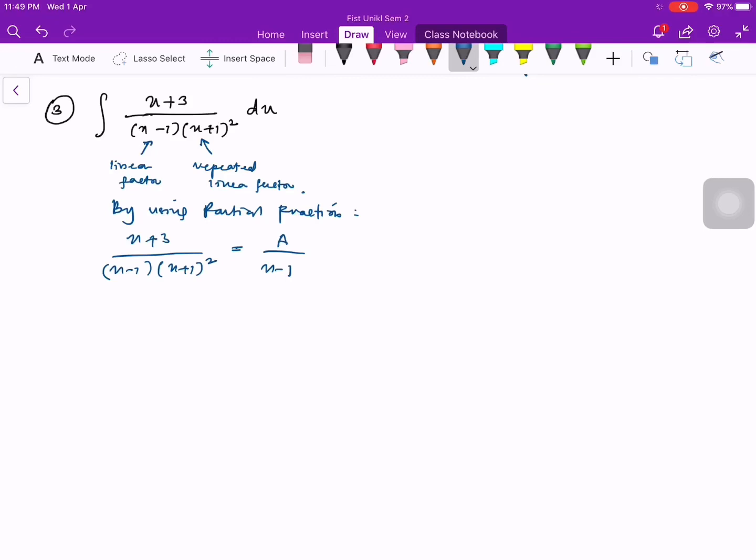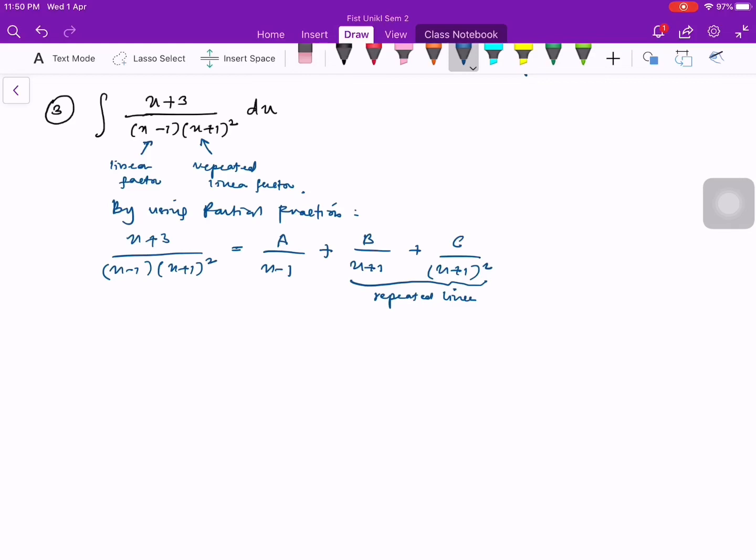And for repeated linear factor, kita akan ada plus b over x plus 1 plus with c over x plus 1 squared. So if you still remember, this is actually for repeated linear. Dia akan jadi macam ni. So b over x plus 1 plus c over x plus 1 squared.